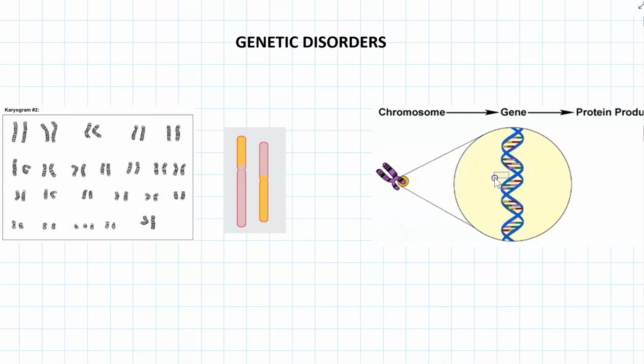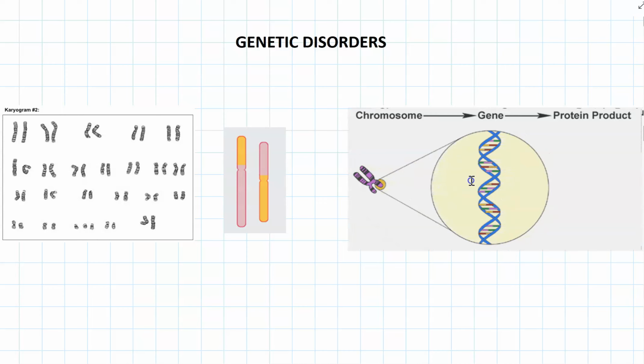Okay, next we are looking at different ways that DNA and chromosomes can go wrong and cause genetic disorders. So there are 2 big categories of genetic disorders. Something can go wrong on the chromosome level, so we call them chromosomal disorders. This is what our research task was about back at the start of the topic.